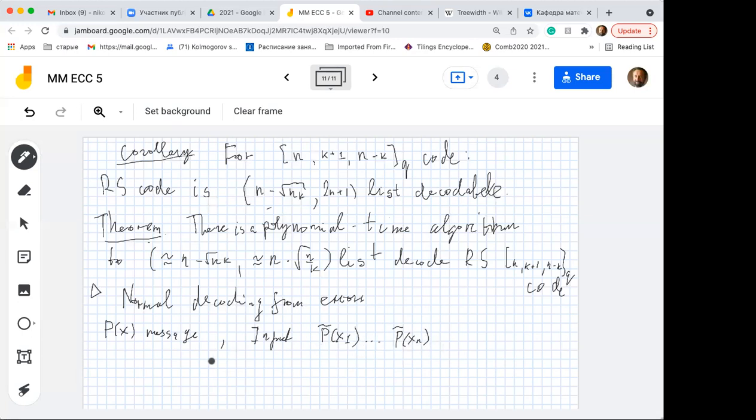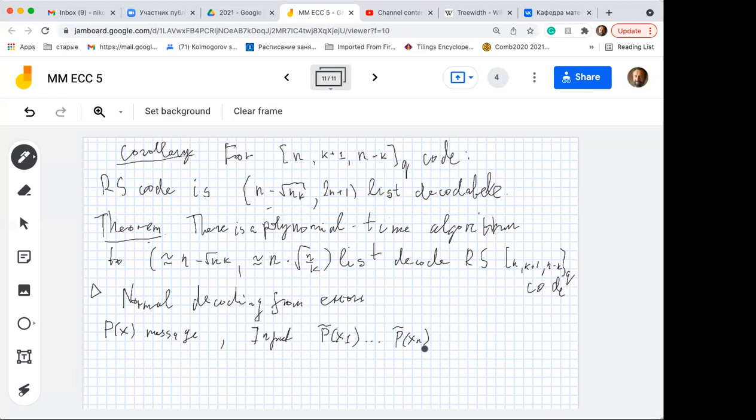We know that the number of incorrect values is at most half of the distance. In other words, we know that the number of correct values is large enough.